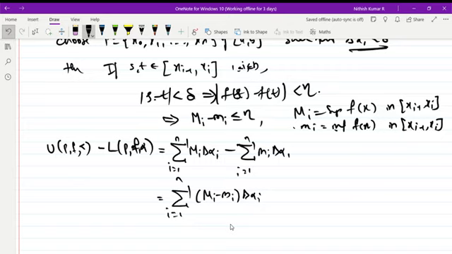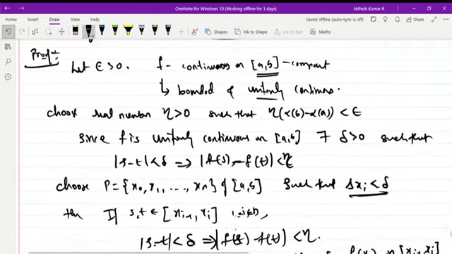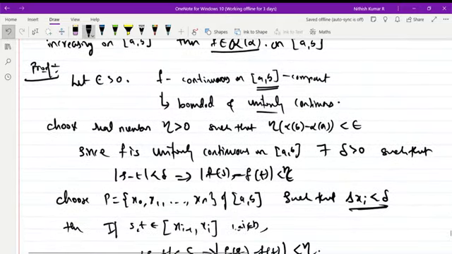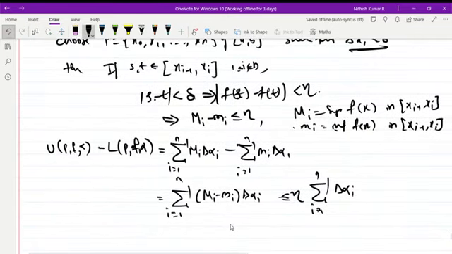Now, since Mi minus mi is less than or equal to eta, this one is less than or equal to eta into the summation i equal to 1 to n of delta alpha i.